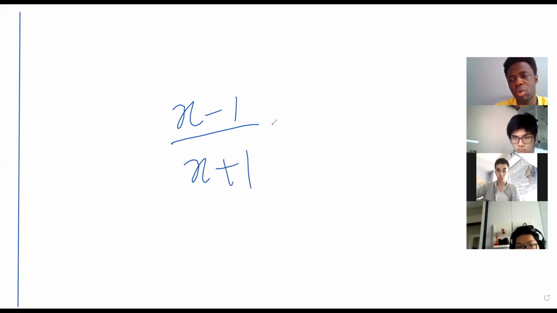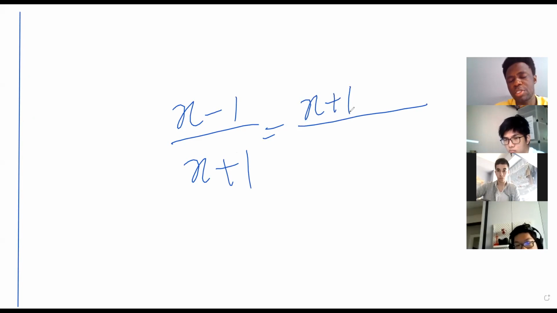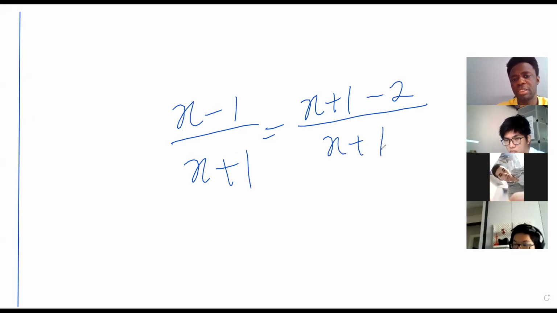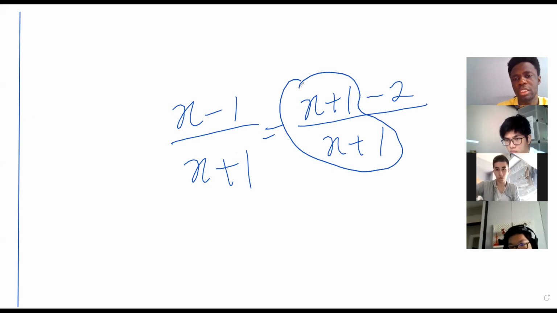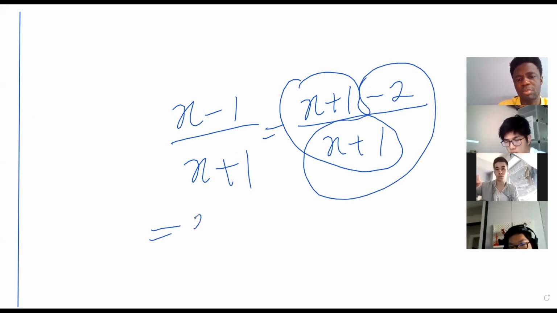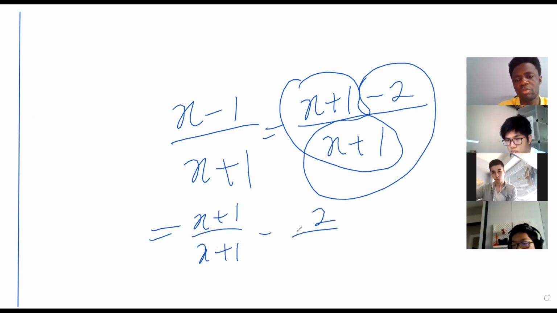Then we will often say we want to put x plus 1 first. And how do we get our minus 1 back? This has to be minus 2 divided by x plus 1. Then we split it, so that we have x plus 1 divided by x plus 1 minus 2 divided by x plus 1.